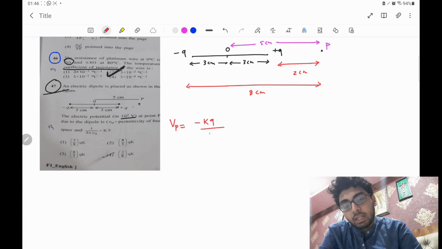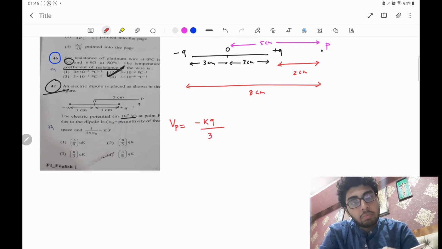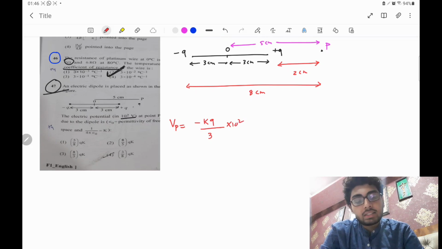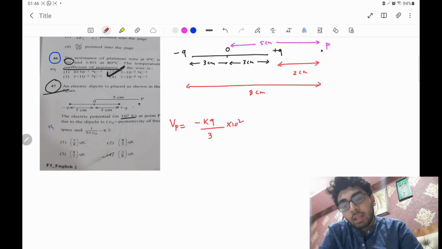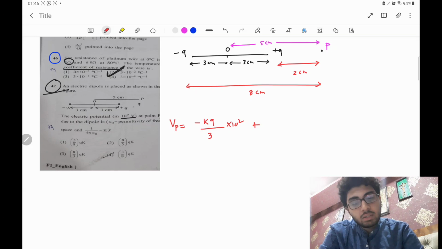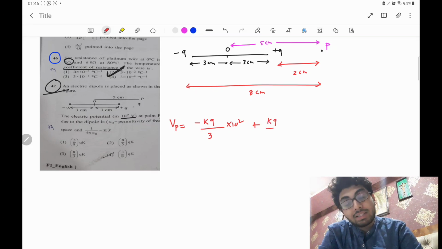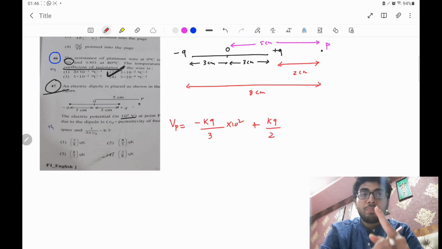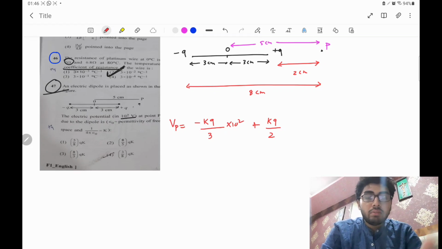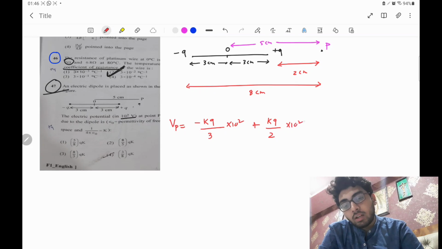Okay, so automatically it will be 8 into 10 to the power minus 2. So automatically it will come above as 10 to the power 2, and plus, now due to the plus Q charge, it will be KQ divided by the distance, which is 2 cm. So 2 into 10 to the power minus 2 meter, and 10 to the power minus 2 meter means it will come above and it will become 10 square volt. Okay, is that clear?